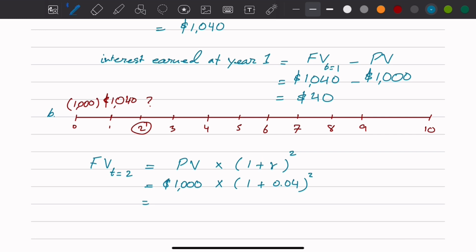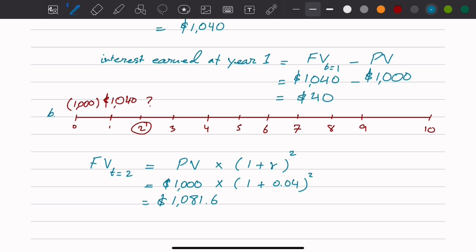Okay, using a calculator, 1,000 multiplied by, open a bracket, 1.04, close the bracket, and raise it to the power of 2. My calculator is giving me 1,081.6.